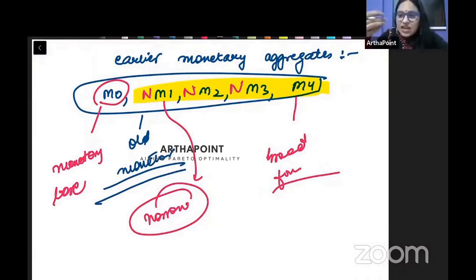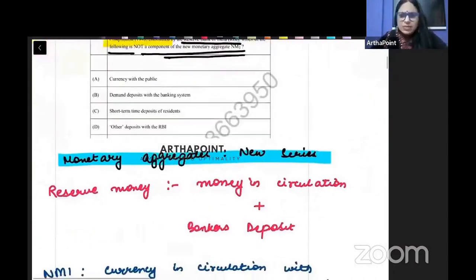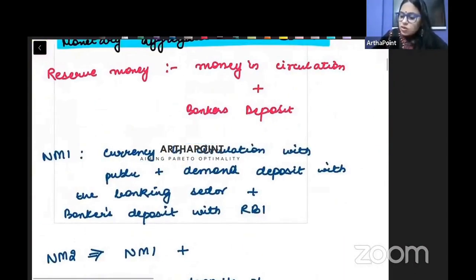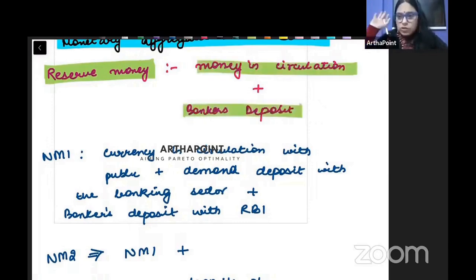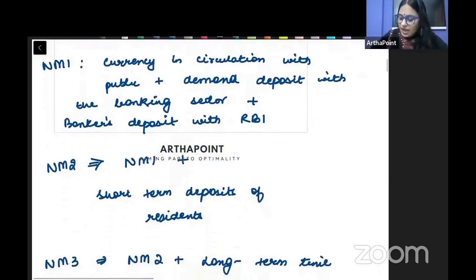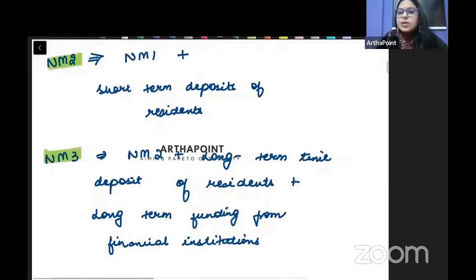So this N itself stands for new. इसमें भी we had a similar concept. We had the concept of reserve money. Reserve money means base. Reserve money means money in circulation plus the bank deposits. And then we had these concepts of NM1, NM2 and NM3.